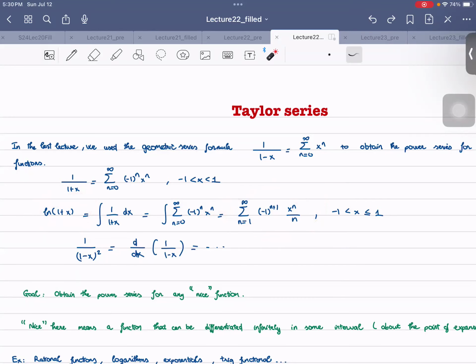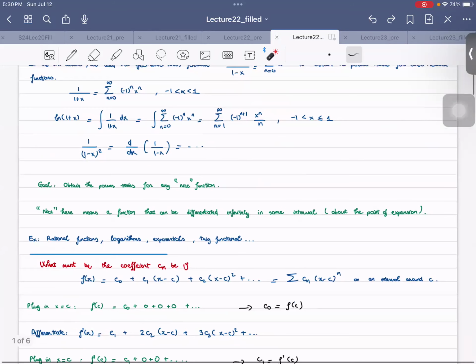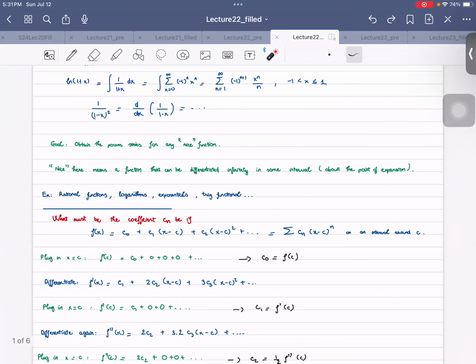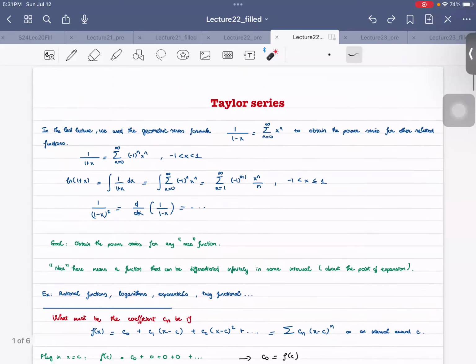You try to construct the power series for another function in terms of some series that you already know before. Okay, but actually there is a more rigorous way to write down the power series for the function. And I believe that we have done this before, because several weeks ago we talked about the Taylor polynomial.